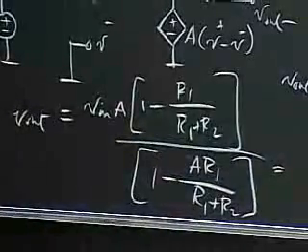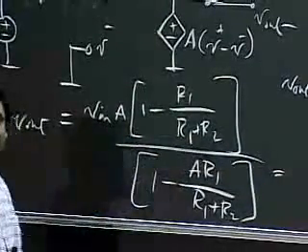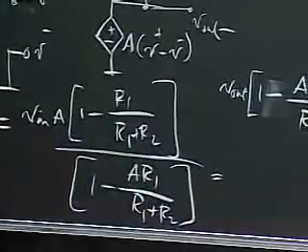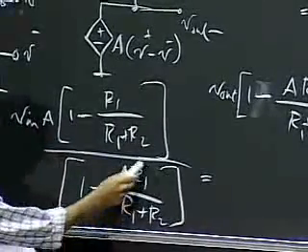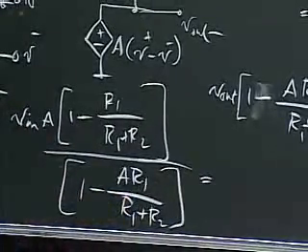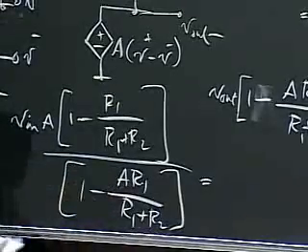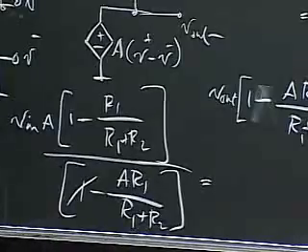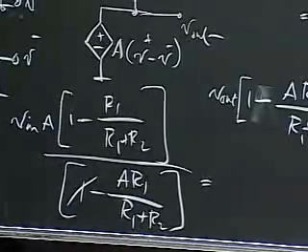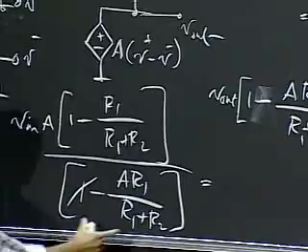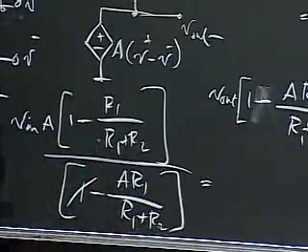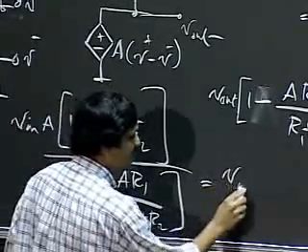Okay, and by now you should be familiar with the technique of ignoring small numbers when I have a big number next to it. So A R1 divided by R1 plus R2 can be very much larger than 1 because A is very large. So I can ignore my 1 there. And then what I'm going to do is multiply the numerator and denominator by R1 plus R2.